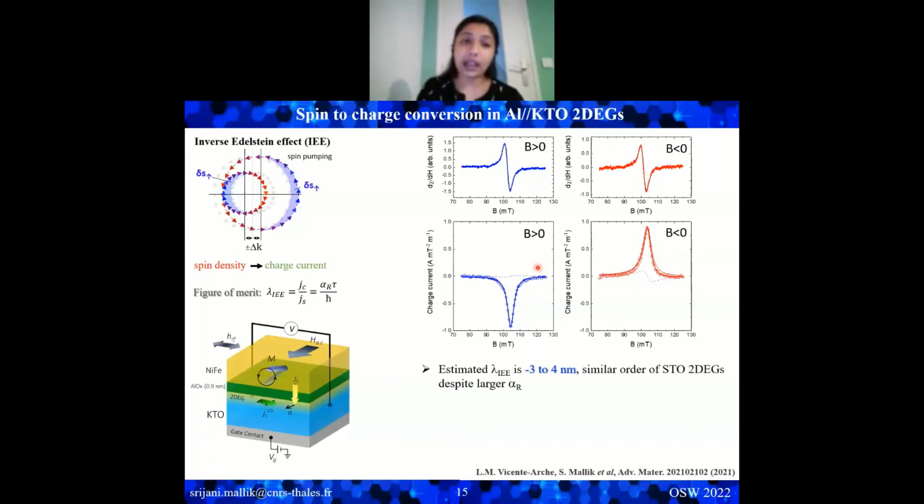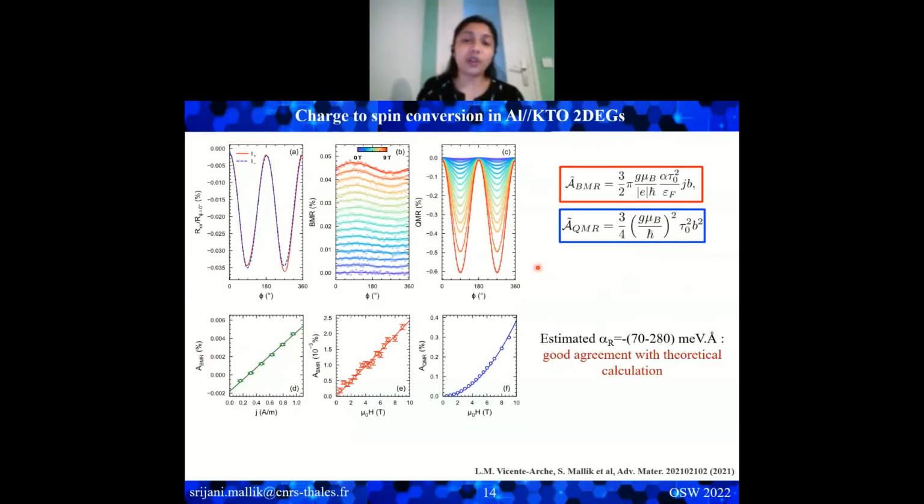And as I showed, from charge to spin we can measure the alpha. From here also we can do gate dependent studies, and from gate dependent measurements we can tell where the alpha will be positive and negative.